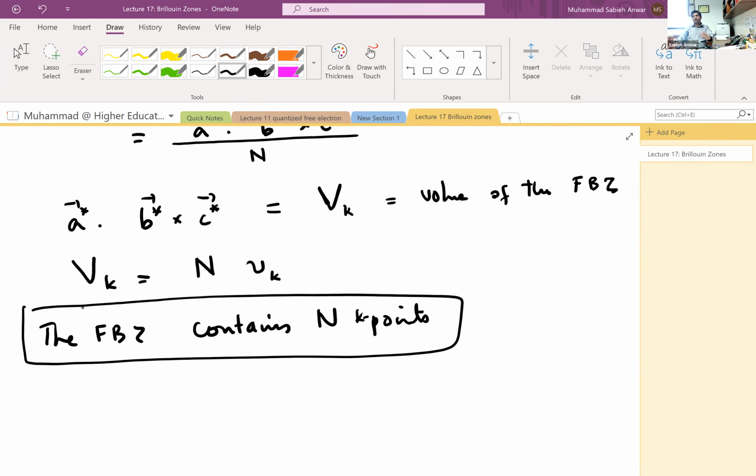And we're going to look at Fermi surfaces as well. The key idea: the first Brillouin zone contains N k points. And now how do we fill those k points and up to what level are they filled? Is the first Brillouin zone completely packed or not? That determines the physical properties of the solid.